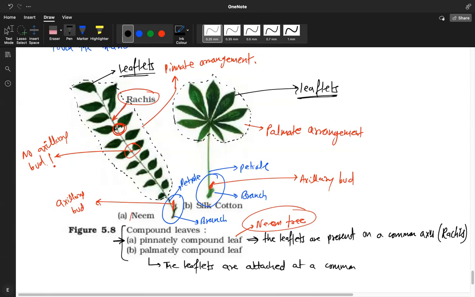Like you can see here, if I mark the common point as red, this is the common point, right? Can you see a common point in this palmate thing where all the leaves are attached? At a common point, at the tip of petiole.